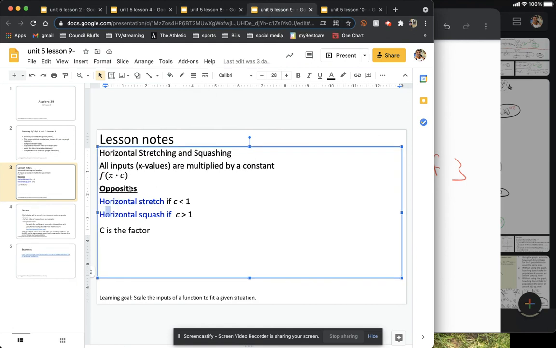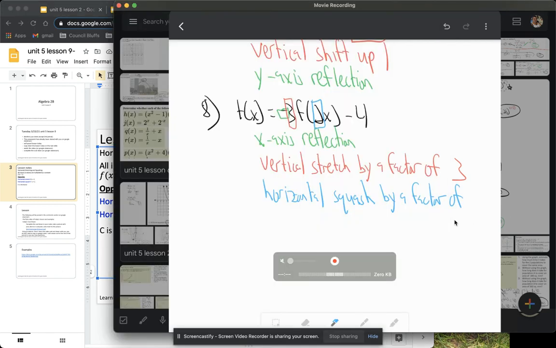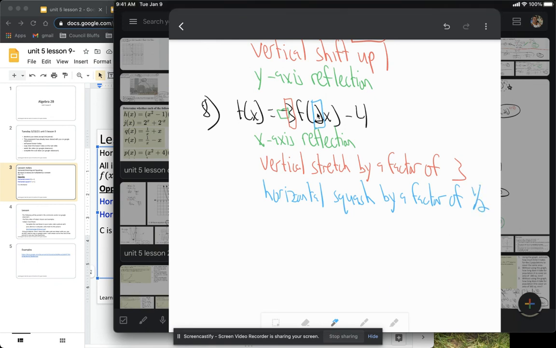In this case, we're multiplying by 2, which is greater than 1. So this is going to be a horizontal squash by a factor of, I have to do opposites. So the opposite of multiplying by 2 is multiplying by a half. So horizontal squash by a factor of 1/2.